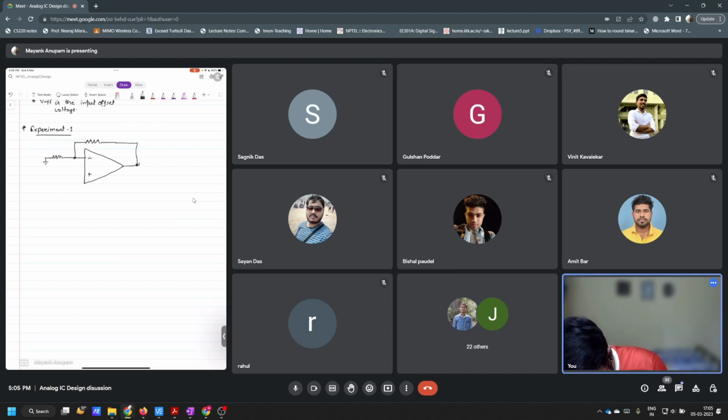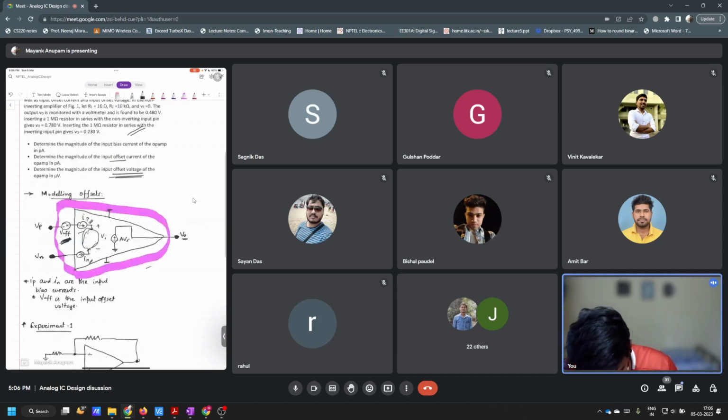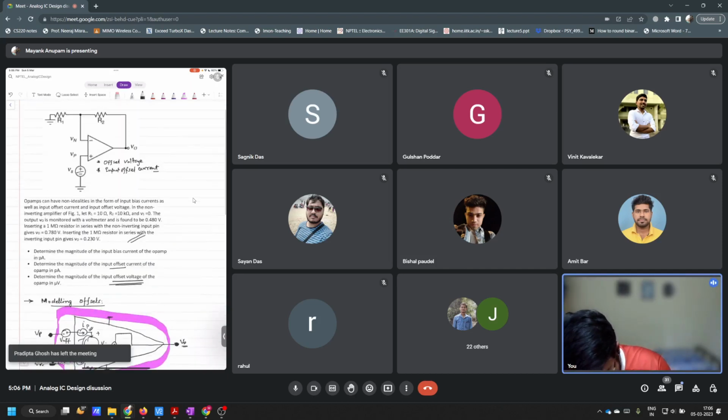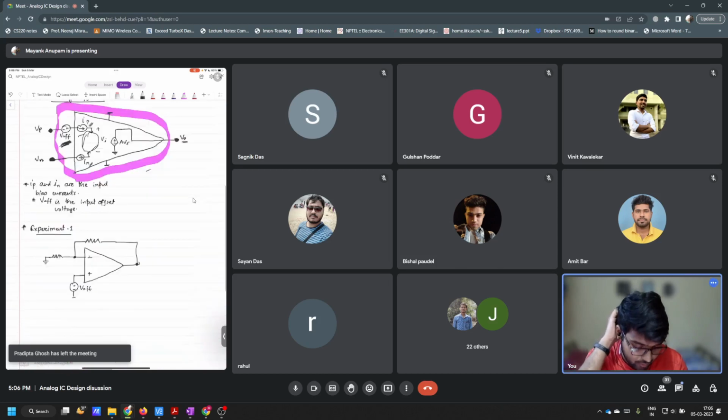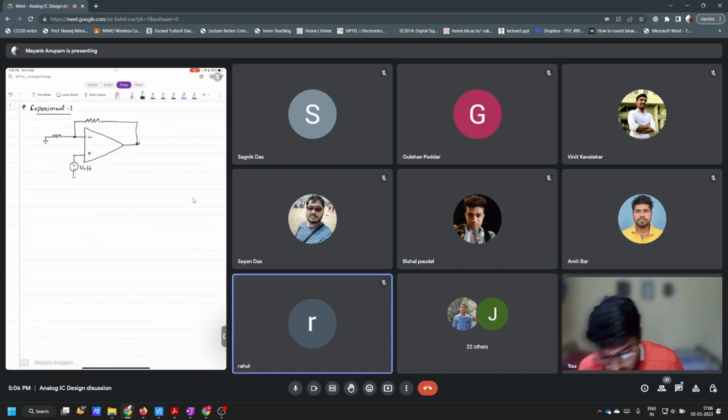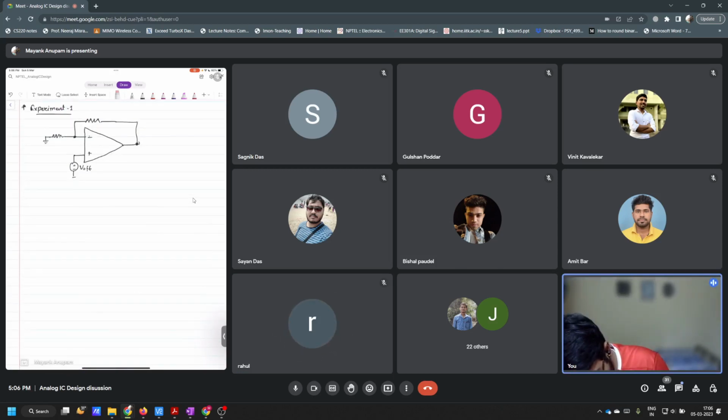Okay, and now let's model this offset here like this, V offset. And by the way, this Vs here is assumed to be 0, you ground it. As I said, this V offset is a part of the op amp itself, right? You cannot do anything about it, isn't it? This is a part of the op amp itself and you cannot do anything about it.